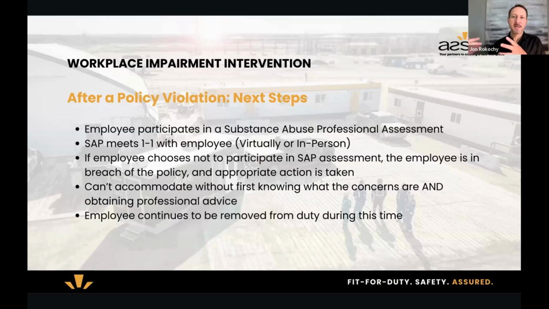They would do it virtually, a couple of hour assessment where they're doing an in-depth examination of that worker's substance use history: drugs used, medications used, how long they've used them for, family history. They're doing an in-depth assessment and making a diagnosis to determine, does this employee struggle, or do they abuse drugs, or do they have an addiction?